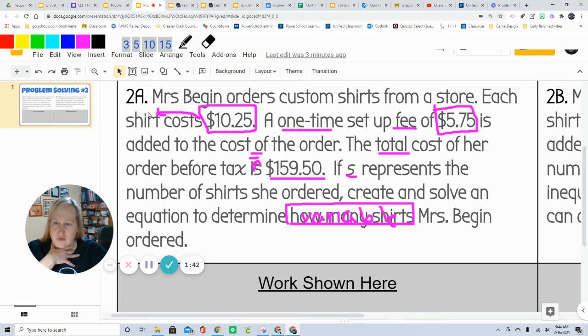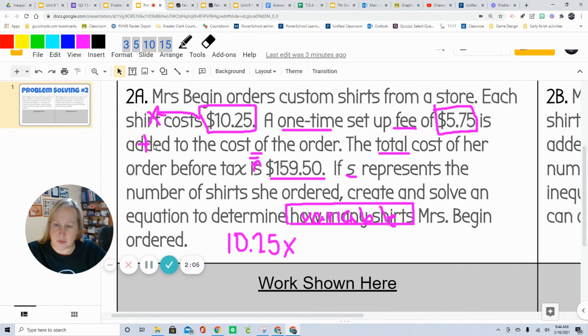So shirt is S. If I just use the keywords, I put 10.25 shirts. A one-time setup fee of $5.75 is added.